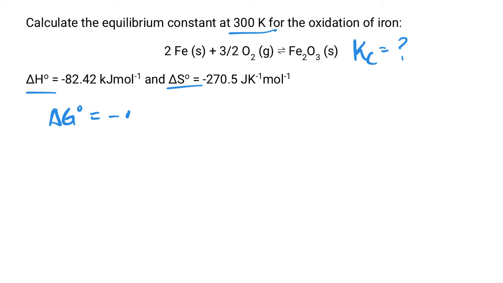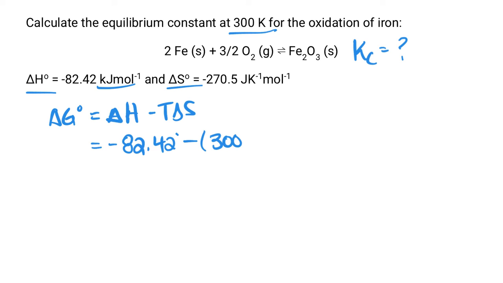So we're going to do delta H minus T delta S, and we're going to plug in our values. So delta H is in kilojoules per mole, negative 82.42. And then we're going to subtract the temperature, already in Kelvin for us, but we'd have to do that conversion if we didn't have it.